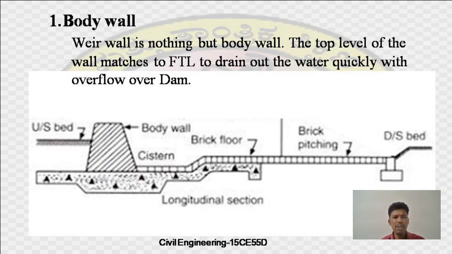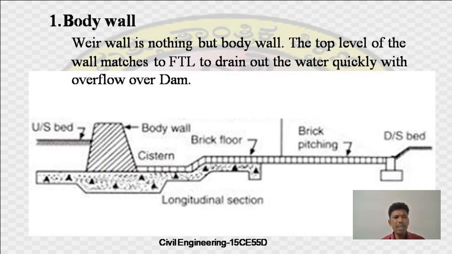The top of the body wall will be constructed to the level of FTL, and it is constructed from abutment to abutment. The length of the body wall or weir wall depends upon the maximum discharge, the velocity of the water, and the height of the body wall or head over the weir. Based on that we will design the length of the weir.